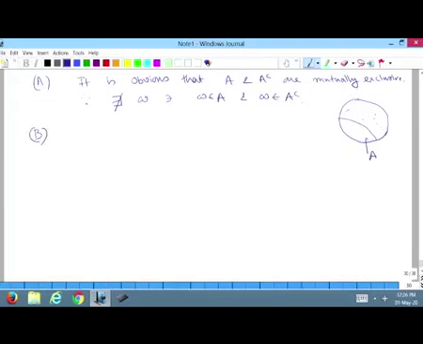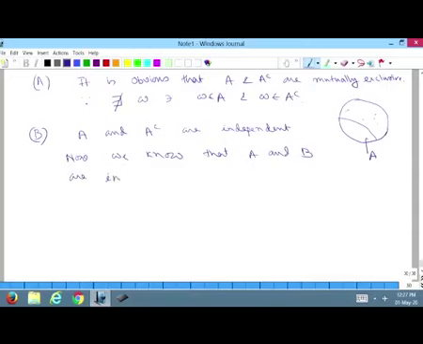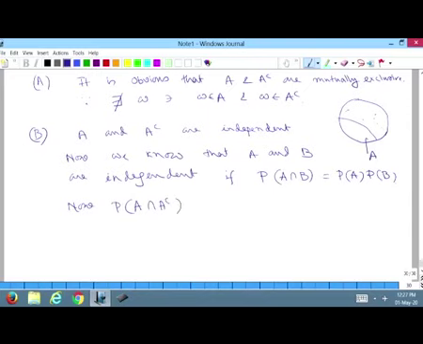B, A and A complement are independent. Now, we know that A and B are independent if probability of A intersection B is equal to probability of A into probability of B. Now, probability of A intersection A complement is equal to 0, since A intersection A complement is phi.